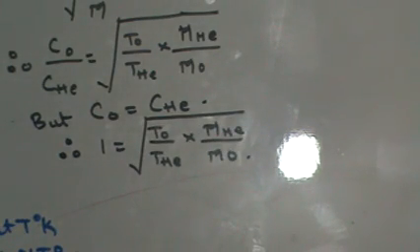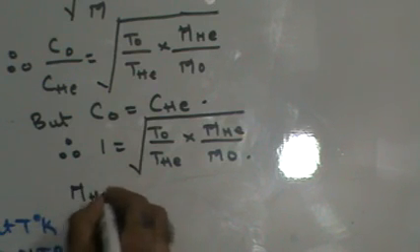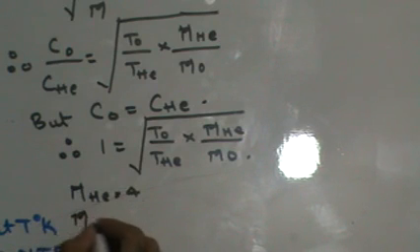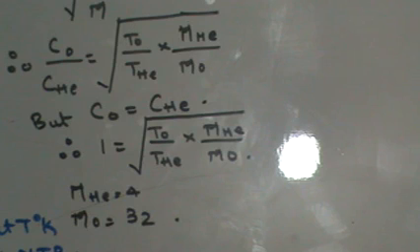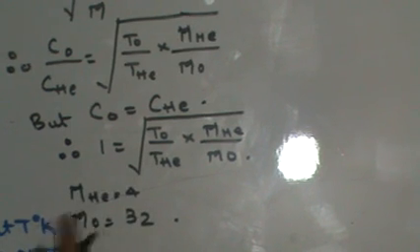Now we know that molecular weight of helium is 4 and molecular weight of oxygen is 32. Temperature of helium is given to you. You should be able to get the temperature of oxygen. Fine. For the answer to this sum, you'll have to square both the sides here, guys. So you will get 1 is equal to T0.